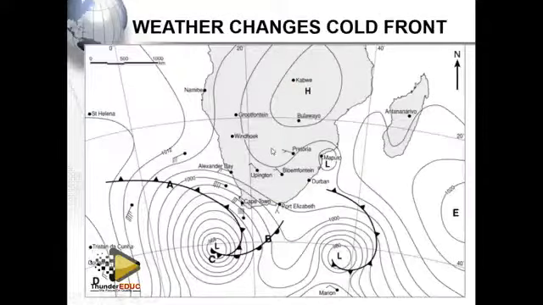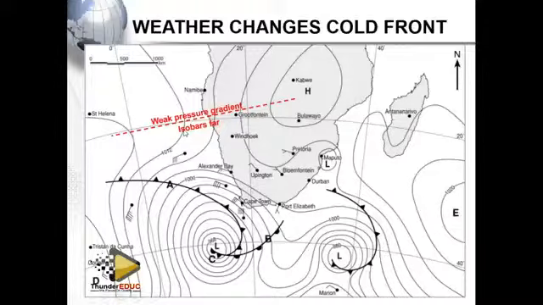So we need to look at this. This is a synoptic weather map. I want us to look at it critically and see what weather changes are caused by the cold front. Look at that. On this weather map, we have to be analytical and analyze a lot of things. When you see this weather map, look at the isobars here.